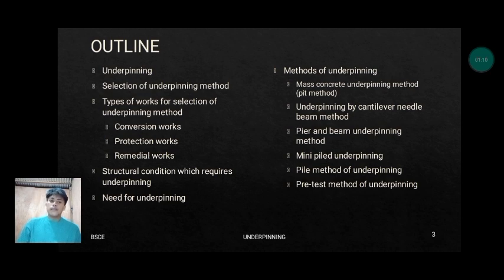Lastly, the methods of underpinning, which include the mass concrete underpinning method, also known as the pit method. Next is underpinning by the cantilever needle beam method. Next are the pier and beam underpinning method, the mini pile and pile method of underpinning, and lastly, the pretest method of underpinning.